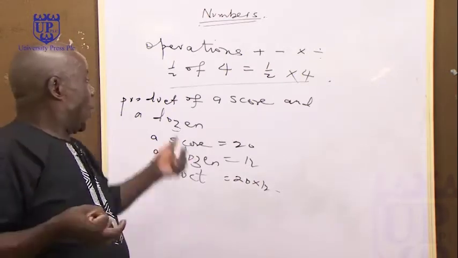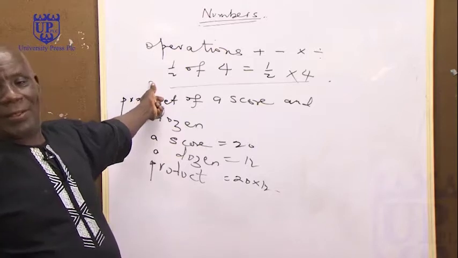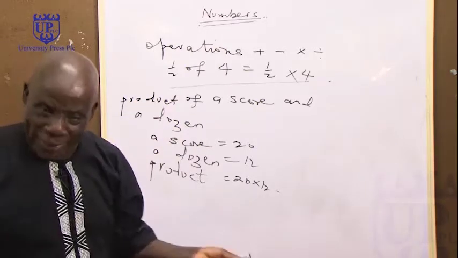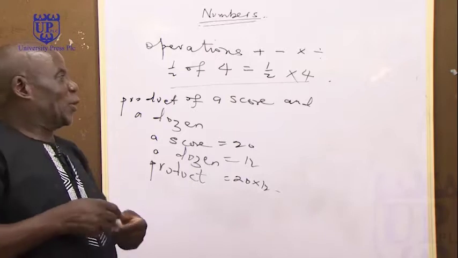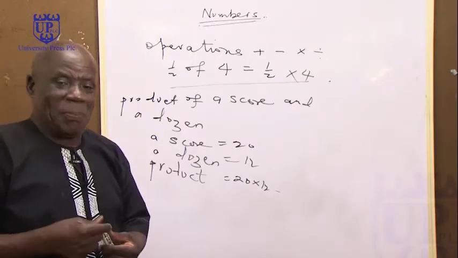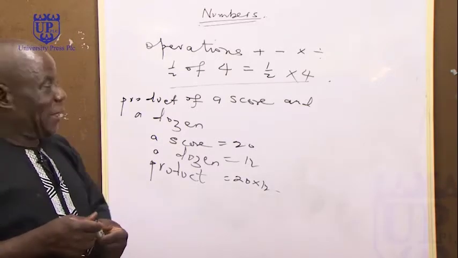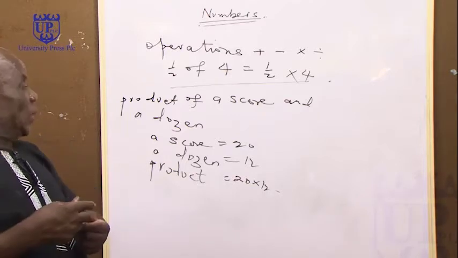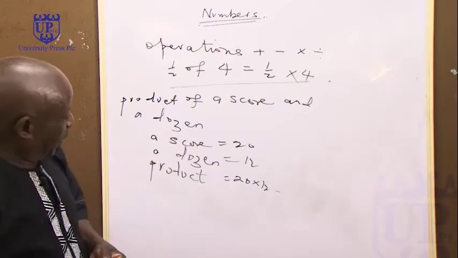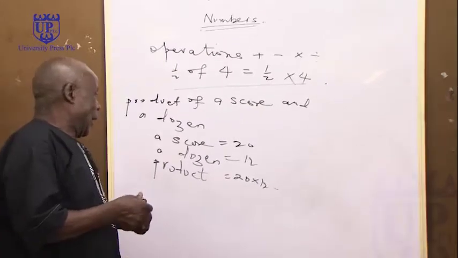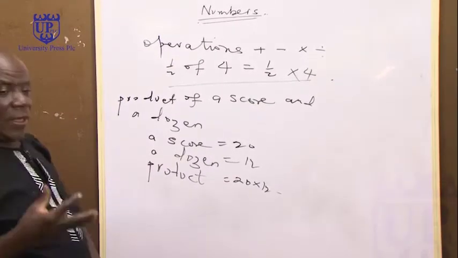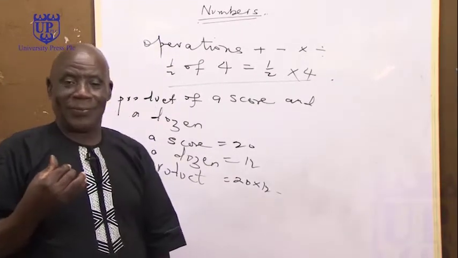You know, the other time I was discussing decimal, they are dealing with 10. When they are talking of percent, meaning they are comparing something with 100. But let me leave that for a while.